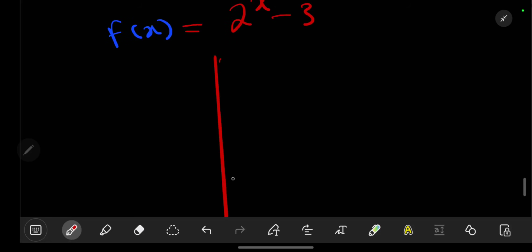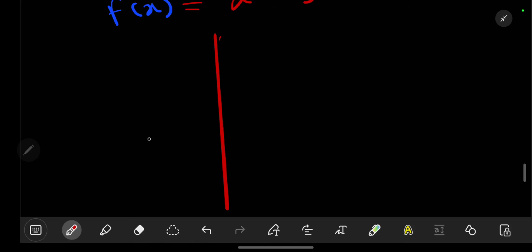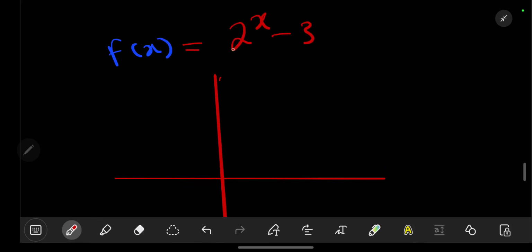Remember, this is 2, meaning to say it's an increasing function, so the graph will be moving like that. So this is our graph of y is equal to 2 to the power of x.